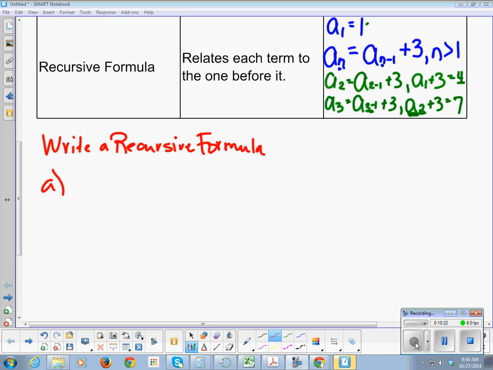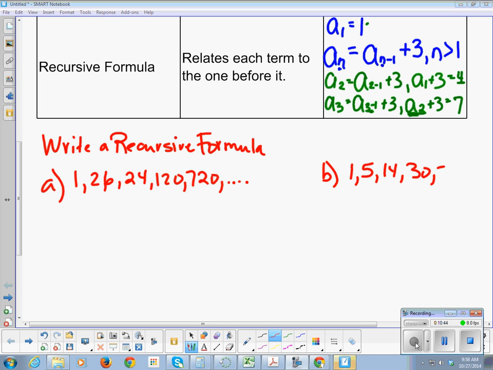Your first sequence is 1, 2, 6, 24, 120, 720, and so on. And you guys are going to have to start thinking like clever detectives. So we have a crime scene here, and we have to put together the pieces of what happened.